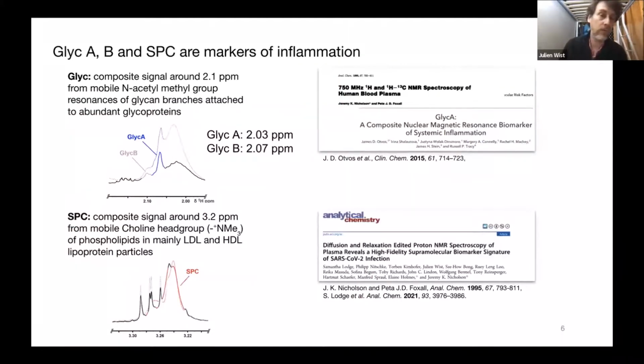Now, just to explain a little bit what we are observing. So GlycA, GlycB, and now what we are introducing, SPC, are markers of inflammation. GlycA was first proposed by Bell, and that's what we refer to as GlycA and GlycB, which, as we can see here, arises from the N-acetyl methyl group attached to the glycoprotein.